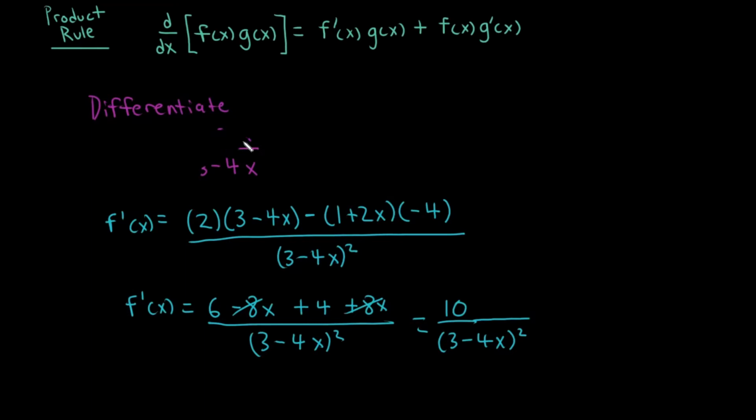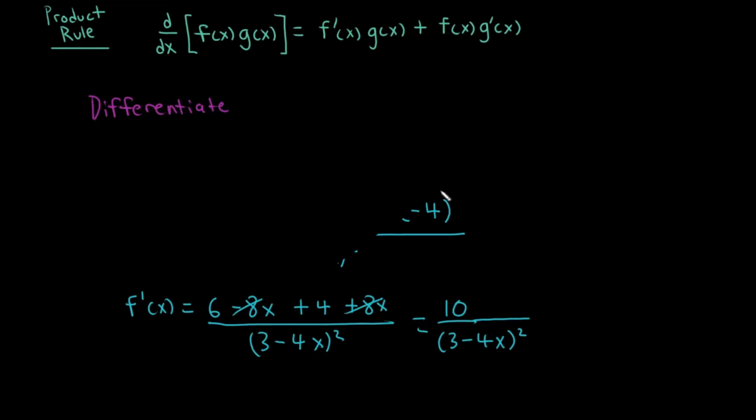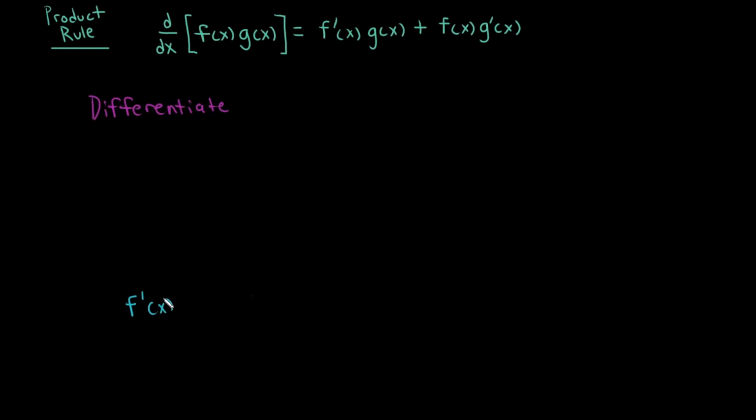Okay, let's do one more example for the quotient rule. So this example asks to find the derivative of x plus 1 over x cubed plus x minus 2.